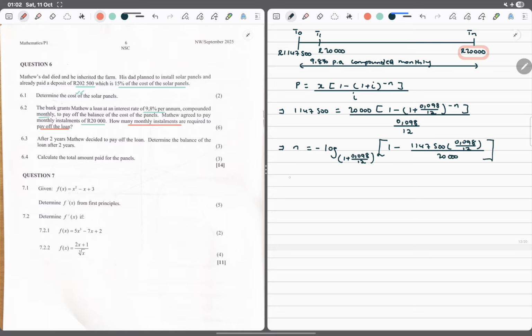Right. So this makes life a lot easier. So we can say n is going to be what we get. So minus the log, our base is 1 plus 0.098 over 12. Please guys be meticulous, mistakes here can happen easily.